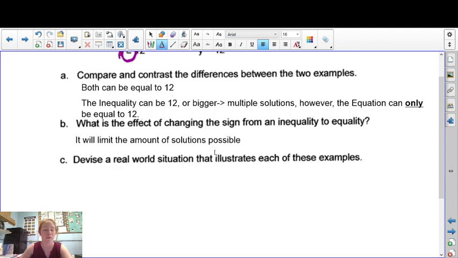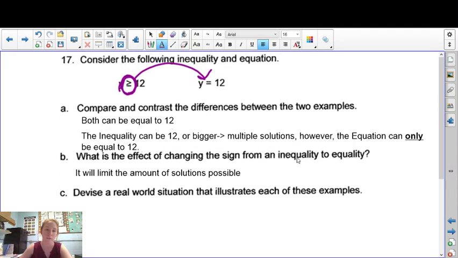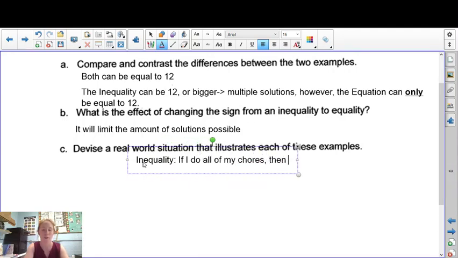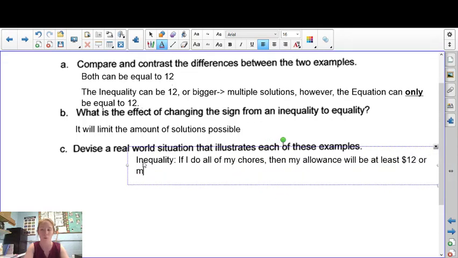And then it says devise a real-world situation that illustrates each of these examples. So first one, my inequality. Let's see, something that needs to be greater than 12. If I do all of my chores, then my allowance will be at least $12 or more.